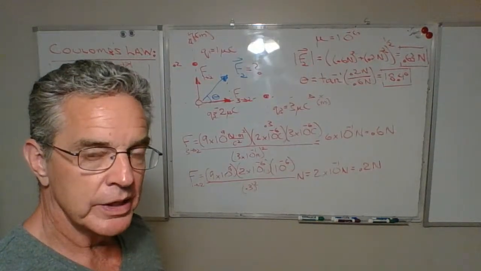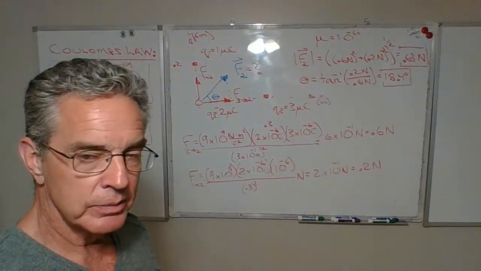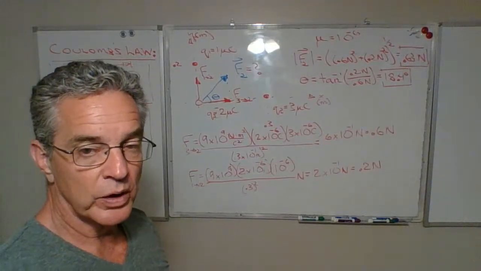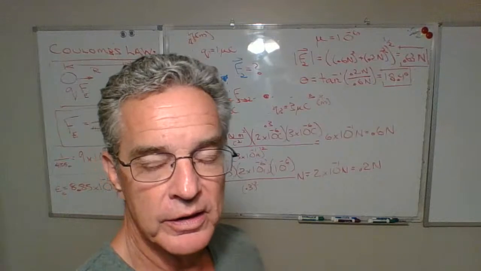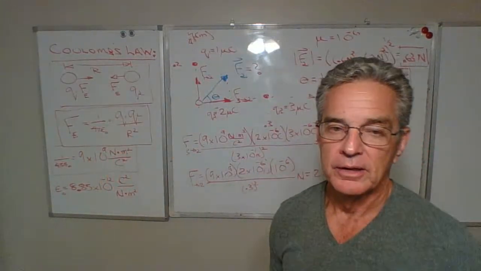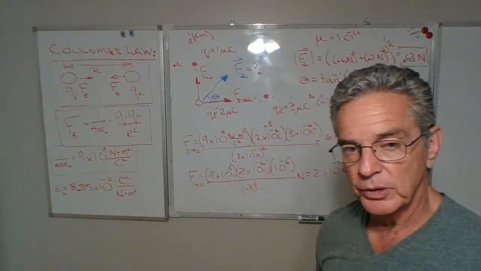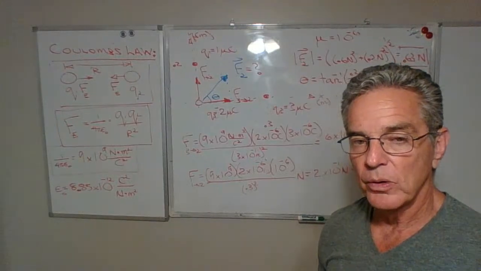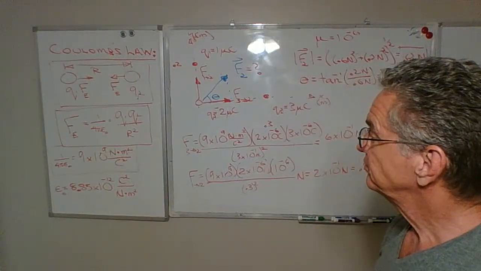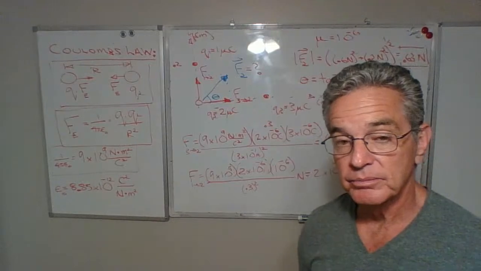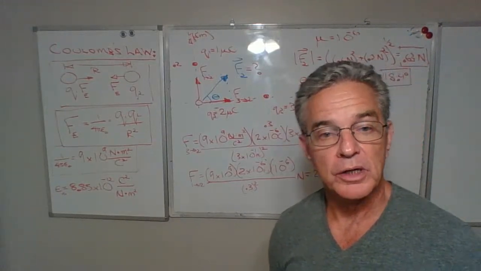Where would it be? How fast would it be moving at any particular point in time? At what rate would its velocity be changing? What direction would it be heading? All of those things are predictable if we know the force. So that's a good example, a couple of examples of Coulomb's law. I'm going to go ahead and stop now.